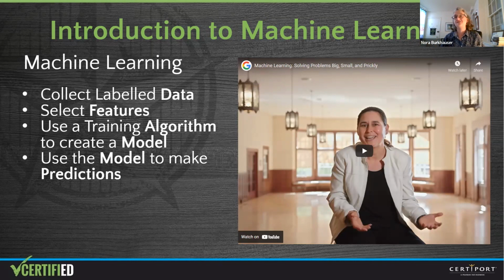And then once you have that data, what is it in that data that you want to use to train your model? And what algorithm, what methodology are you going to use in order to train that information? And the result of that is to come up with what's called a model. And that model is what's used to make the predictions. So I bolded those words a little bit and asked the kids to listen for them.